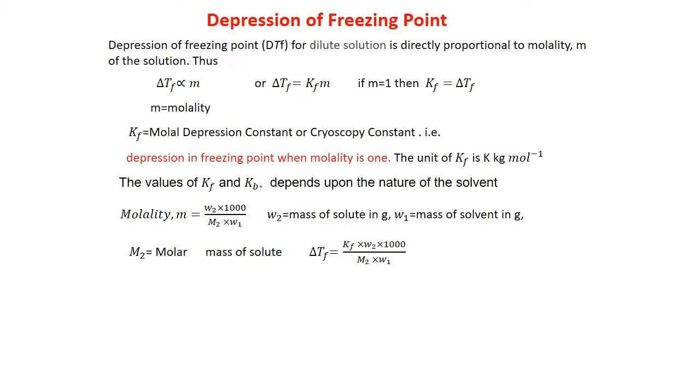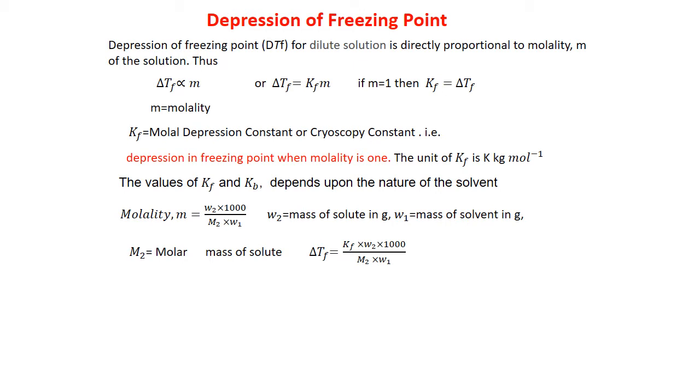Delta Tf is directly proportional to molality, so equal to Kf into m. If m is 1, meaning molality is 1, Kf becomes equal to delta Tf.